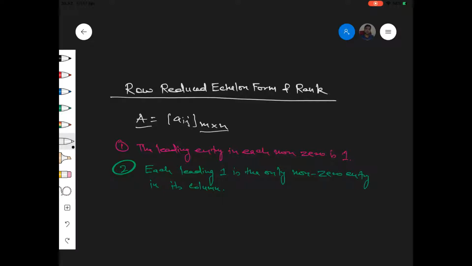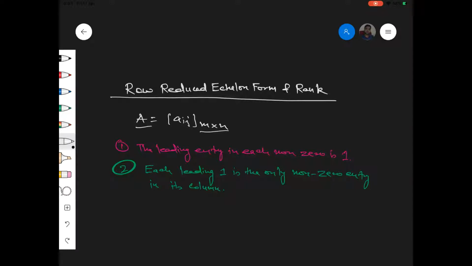Once we convert this matrix A into a matrix which has the following two properties: number one, the leading entry in each non-zero row is 1, and number two, each leading one is the only non-zero entry in its column. If any matrix satisfies these two properties, then this matrix is in the echelon form.